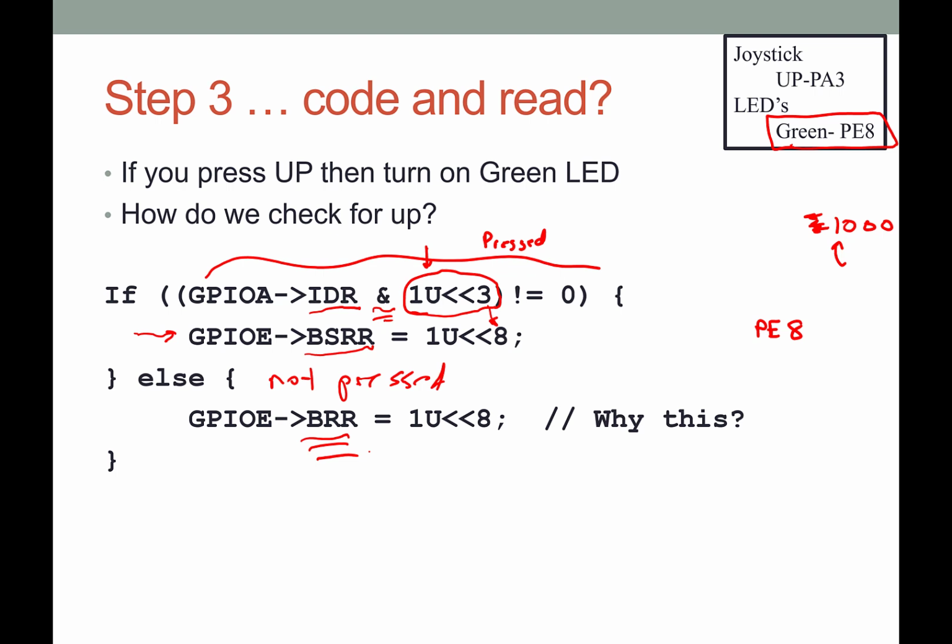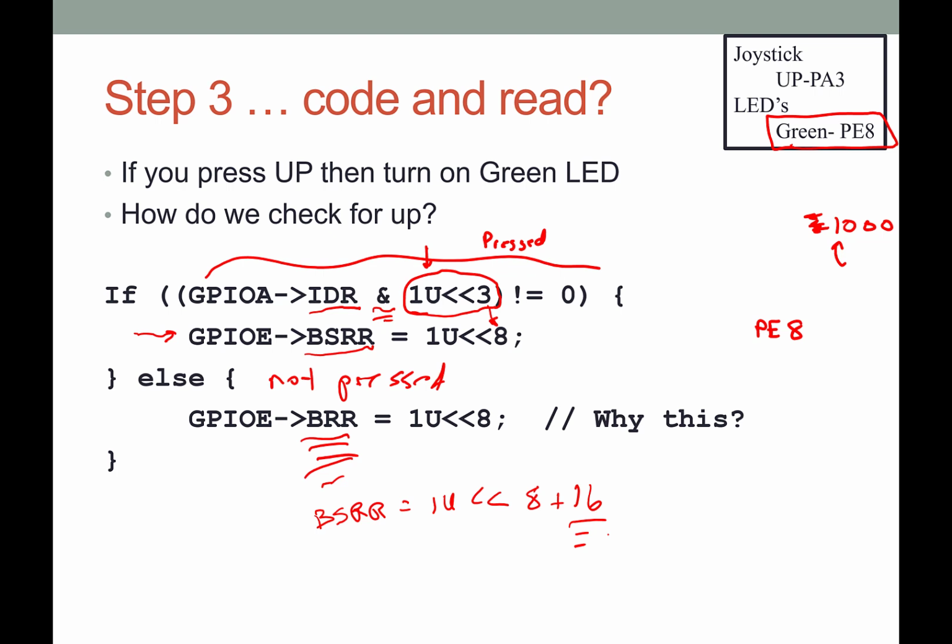It won't turn it back off. So this has to be done to reset the output of that line. Of course, we could have done BSRR equal 1U left 8 plus 16 to do it in the upper part, because that would be a reset then as well.